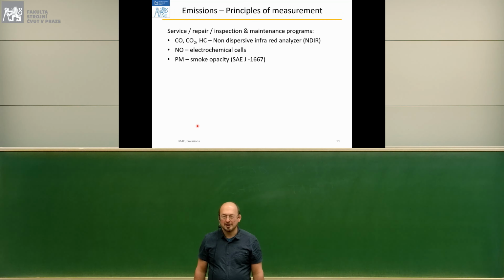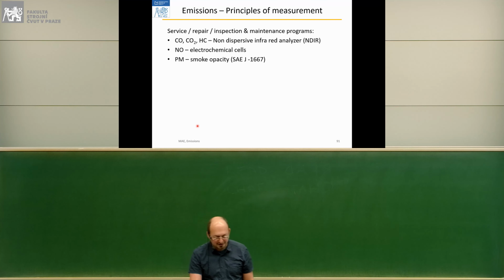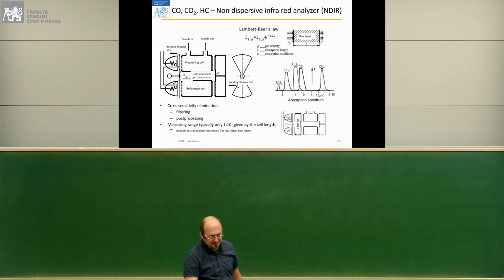For inspection and maintenance programs, we use a single non-dispersive infrared analyzer to measure hydrocarbons, CO and CO2, electrochemical cells for nitric oxide, NO, and oxygen measurement, and an opacity meter as a surrogate of total particulate mass, and there are new instruments and methodologies being developed for particle number emission measurements.